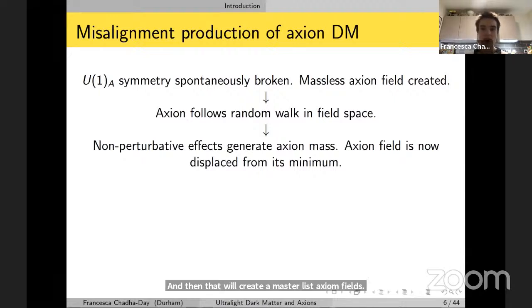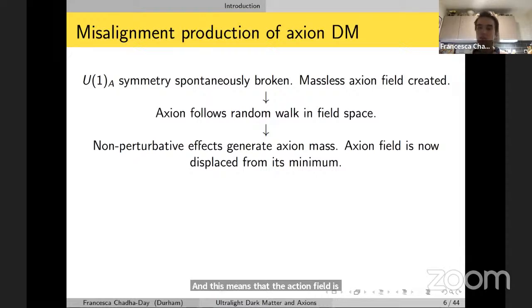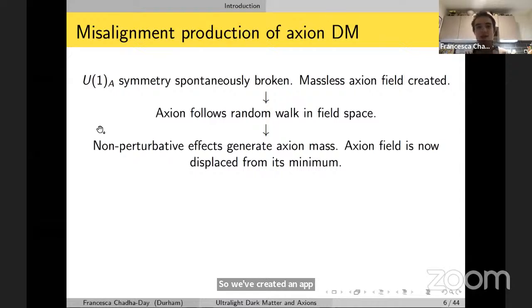Because this field is massless, it follows a random walk in field space. It has no potential. The amplitude of the field can be as big as you like. Then at some later point, non-perturbative effects generate a mass for the axion. And this means that the axion field is now at some value that's displaced from the minimum of its potential. So we've created an energy density in that field via these non-perturbative effects that generate the axion mass.